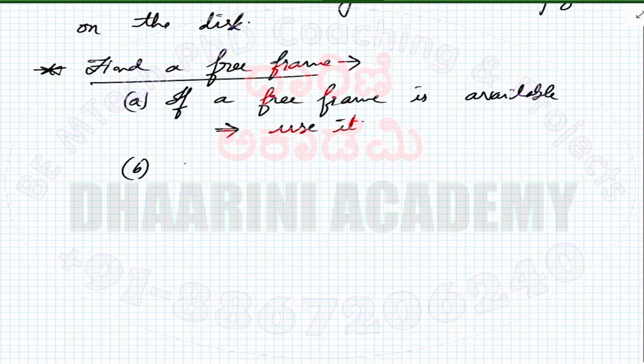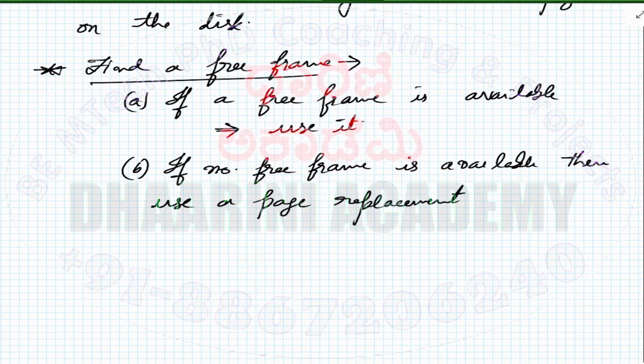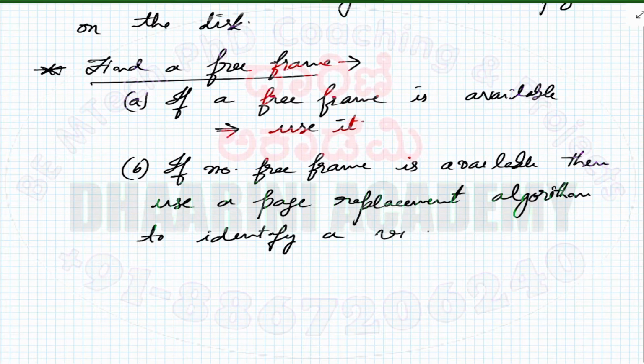So if no free frame is available, then we have to use a page replacement algorithm to identify what is called a victim frame.